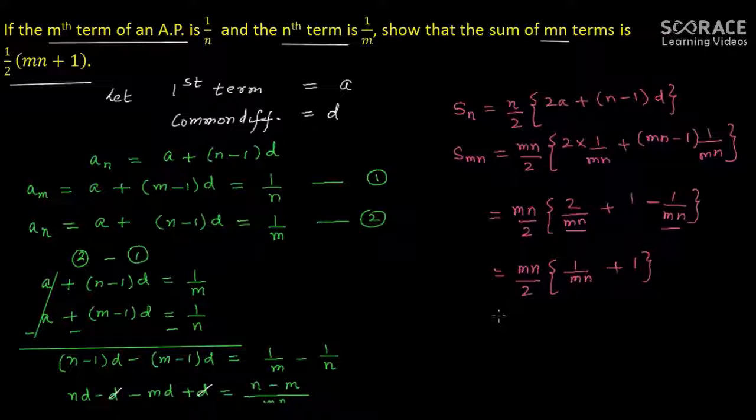Now inside we can find the common denominator, and we get mn on 2 times 1 plus mn over mn. And here this mn can be cancelled out, and we are left with the sum of mn terms equal to half times mn plus 1, and hence proved.